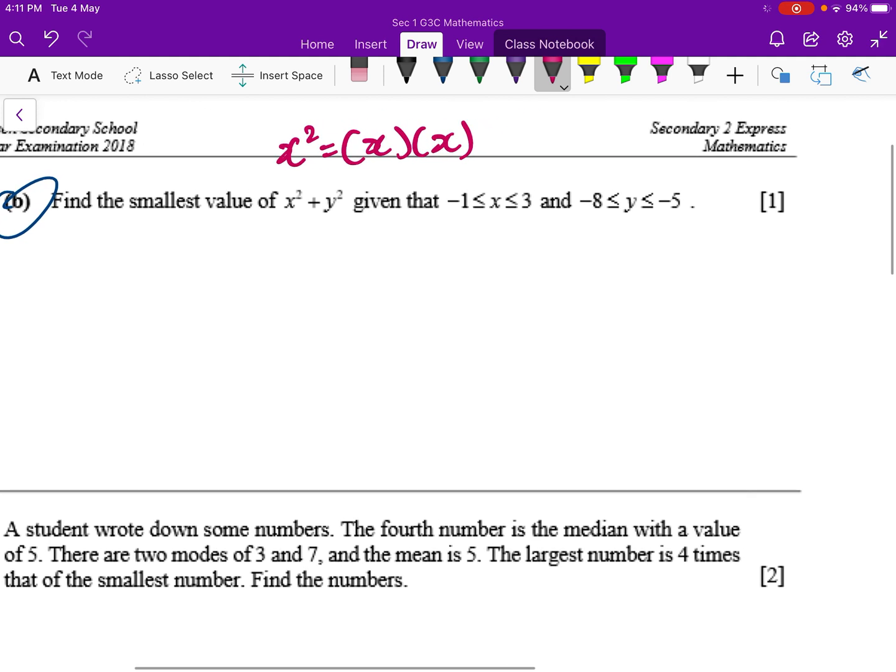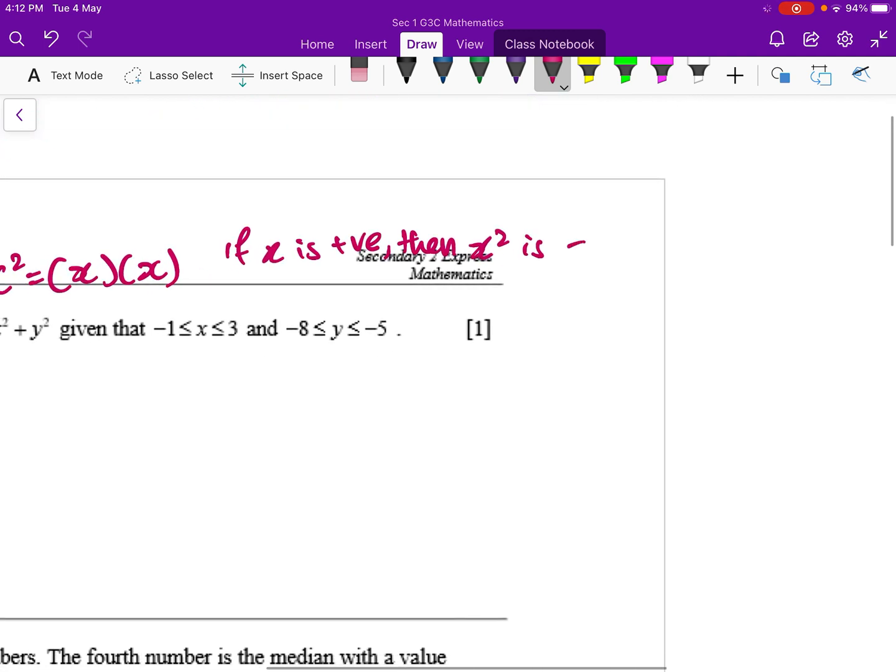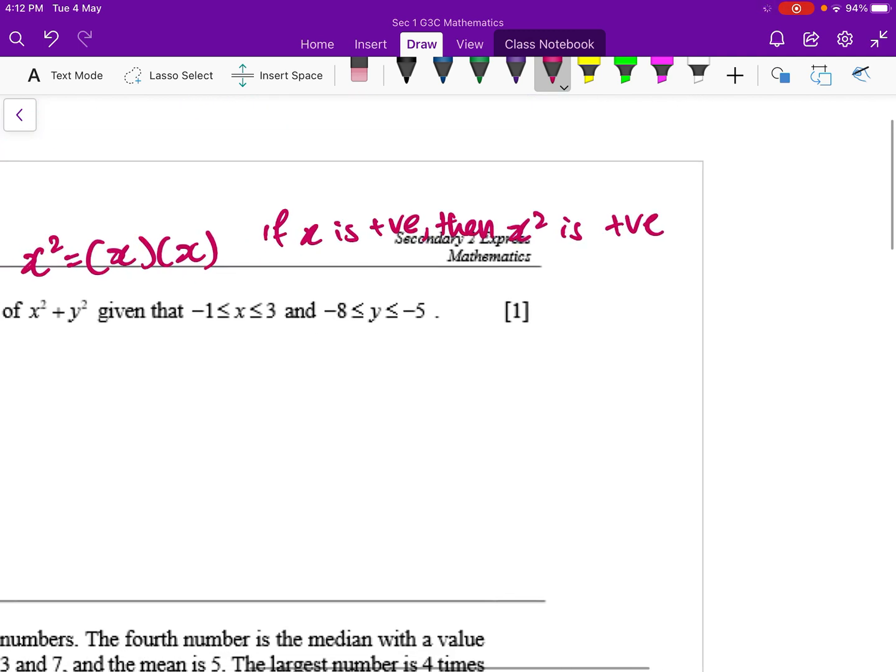If x is positive, then x squared is also positive, because positive times positive gives you positive. Now what happens if x is negative? Then x squared is again positive, because negative times negative still gives you positive.